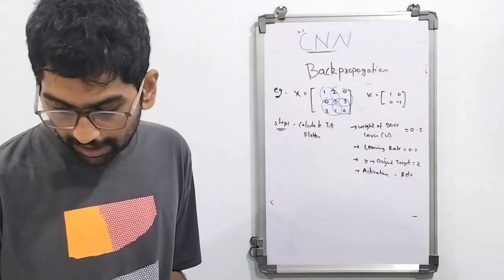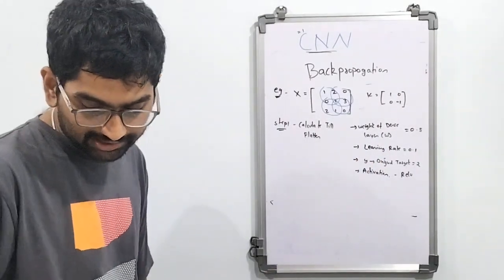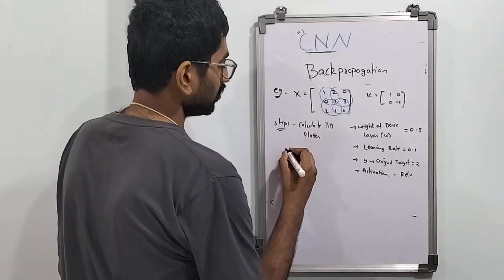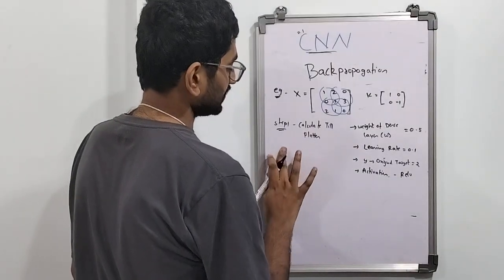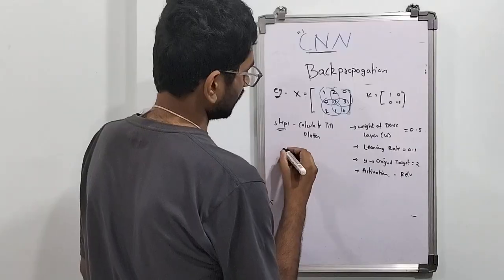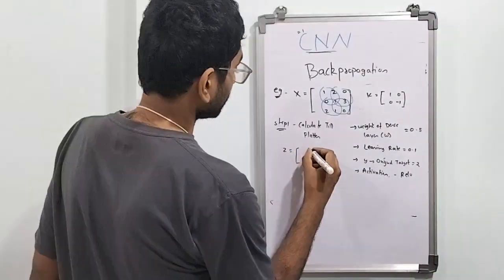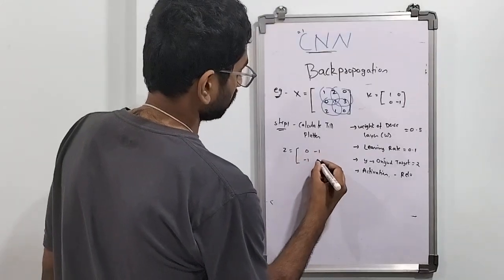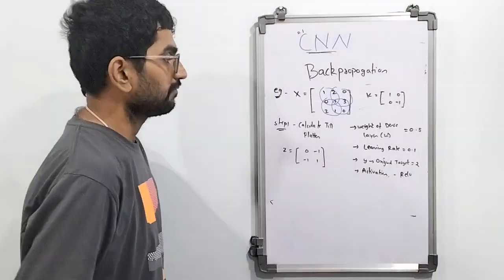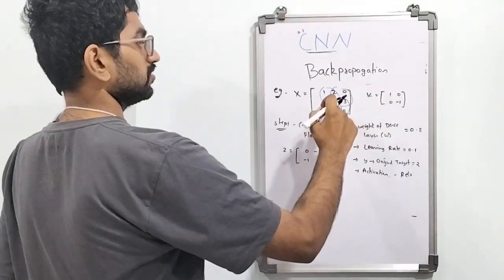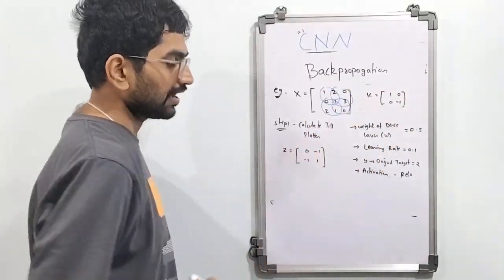After multiplying, you will get the value, and here I will write z as the new flattened matrix. This value will be 0, -1, -1, 1. Okay, 1 into 1 is 1, 2 into 0 is 0, then -1. So you will get 0 like this.